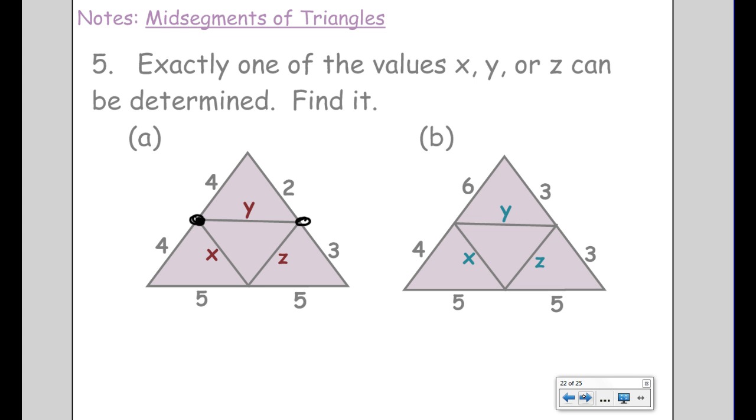Yes. Is this a midpoint? 2 and 3. Absolutely not. Is this a midpoint? Good, Alea. 5 and 5. Yeah. So you find your midpoints and you make them big bold dots. And then you connect the dots. That's all you do. It's like a game out of a puzzle book. You connect the dots. Which one is the midsegment? It's X. So how do you find the midsegment? You find the midpoints and you connect the dots.